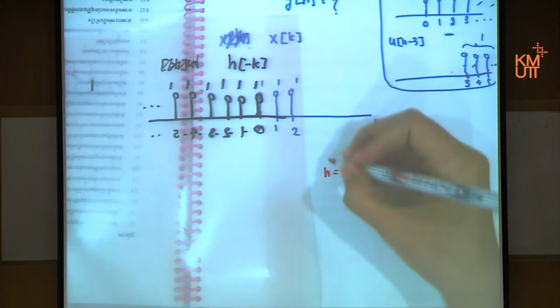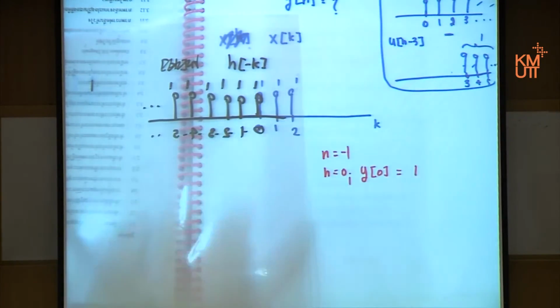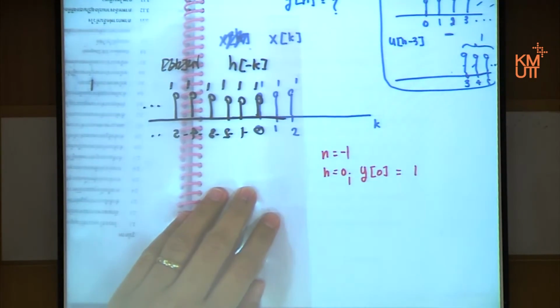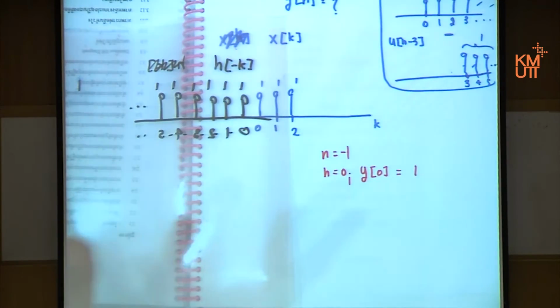If n less than 0, if n equal to -1, it means that you move the black one to the left by 1 unit. So there is no overlapping.